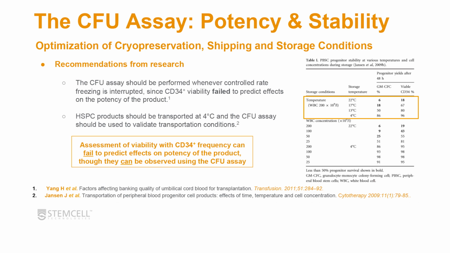So a lot of papers will validate whatever process they're doing based on the CFU assay. For example, a paper from Yang in 2011 concluded that if there was any interruption in the rate-controlled freezer, you would definitely have to use a CFU assay to assess the effects on potency of the product, because CD34 failed to predict that.